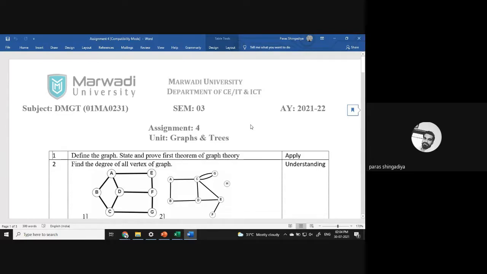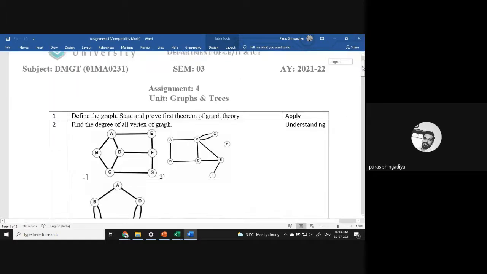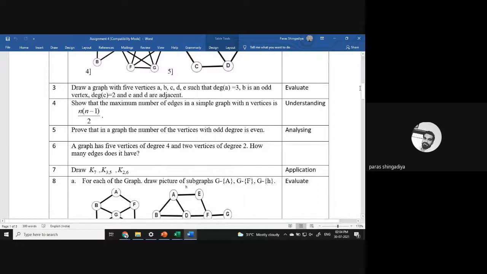In the last lab, how many examples have we done? The assignment number 4, that we discussed in the last lab. Up to how many questions have we done? Okay, question number 8.